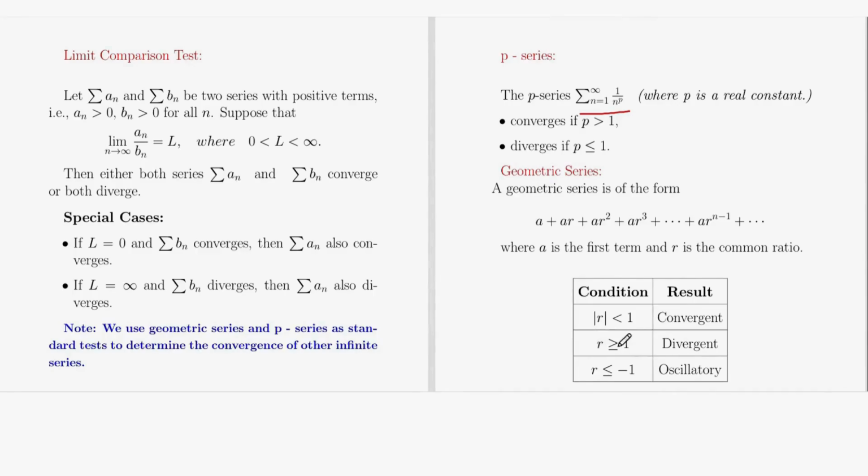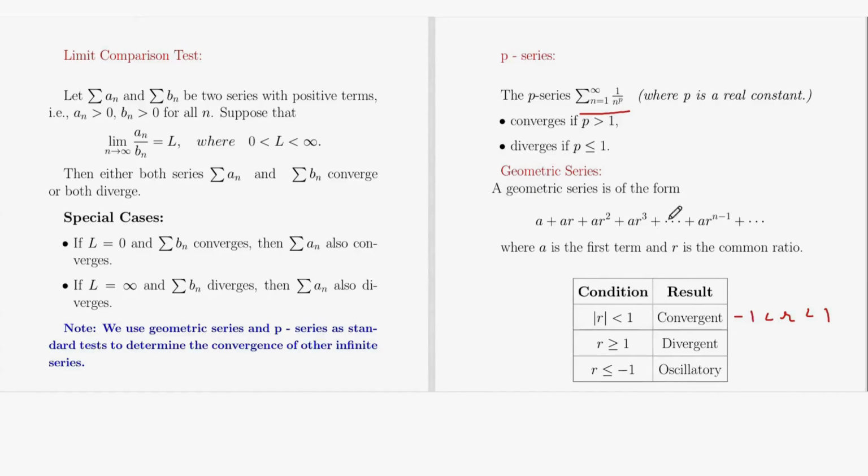If mod r is less than 1, that means minus 1 less than r less than 1, and r lies in this range, then the given series is convergent. If r is greater than or equal to 1, the given geometric series is divergent. And if r is less than or equal to -1, the given series is oscillatory. Okay.